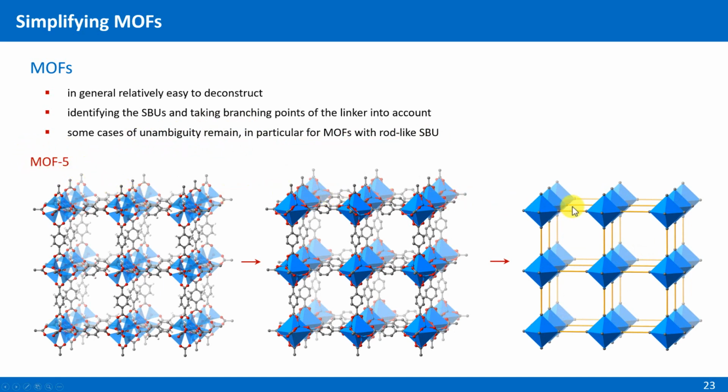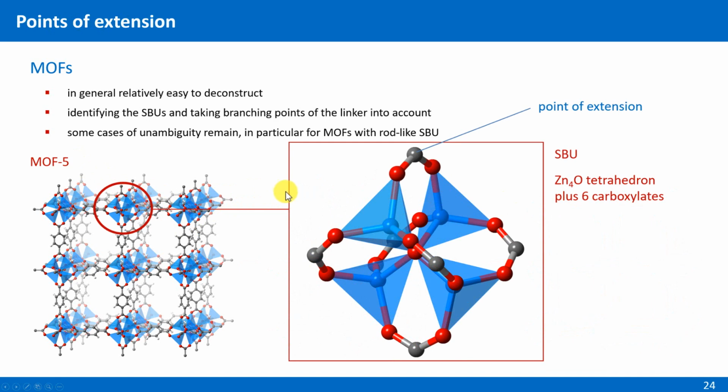And to keep it simple, let's look at this prototypical MOF-5, which you can see here at three different levels of abstraction. We can zoom in a little bit and then we see that the SPU is composed of one Zn4O tetrahedron, and a tetrahedron of course has 6 edges and these edges are bridged by 6 carboxylates.